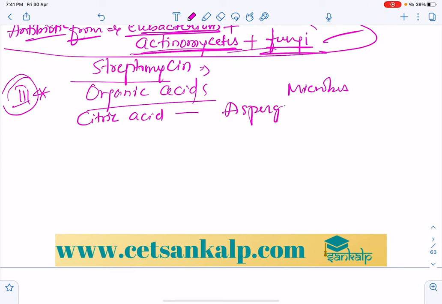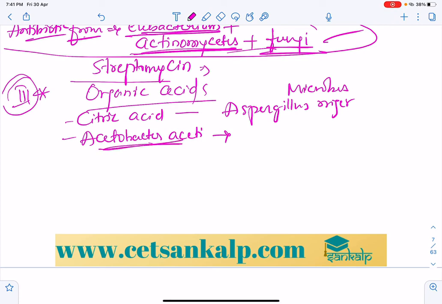So a direct question we can expect is Aspergillus niger. And then Acetobacter aceti is used to obtain acetic acid. So let me write here: acetic acid.